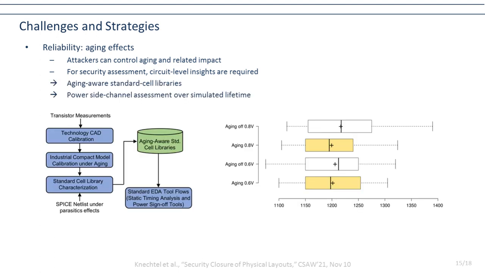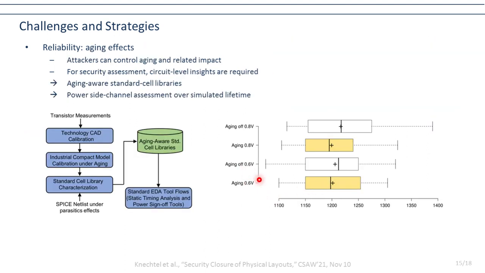And this is also something we looked into, and maybe without going into further details here, the key idea is that we did consider aging effects with the libraries of the standard cells, of the logic components in there. And this in turn helped us to simulate the resilience against the power side channel over the lifetime. This is really just an example illustrated here.